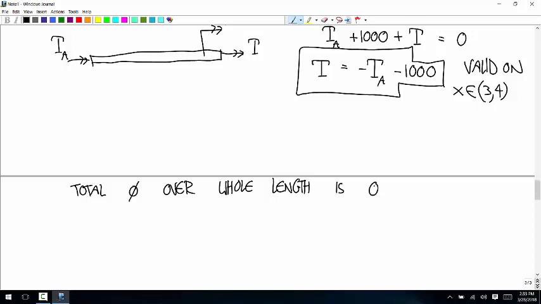And we have piecewise constant internal torque, so we're going to use this formula that says the angle of twist is equal to the internal torque on the first part times the length of the first part over G times I sub P, plus the internal torque on the second part times the length of the second part divided by G times I sub P.